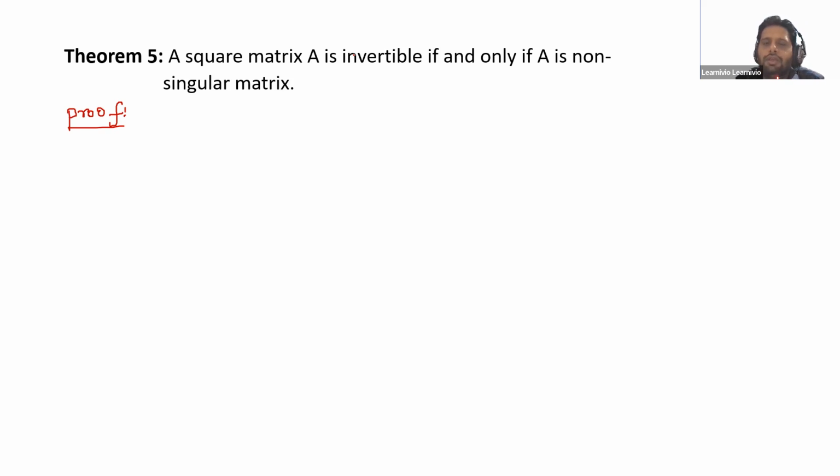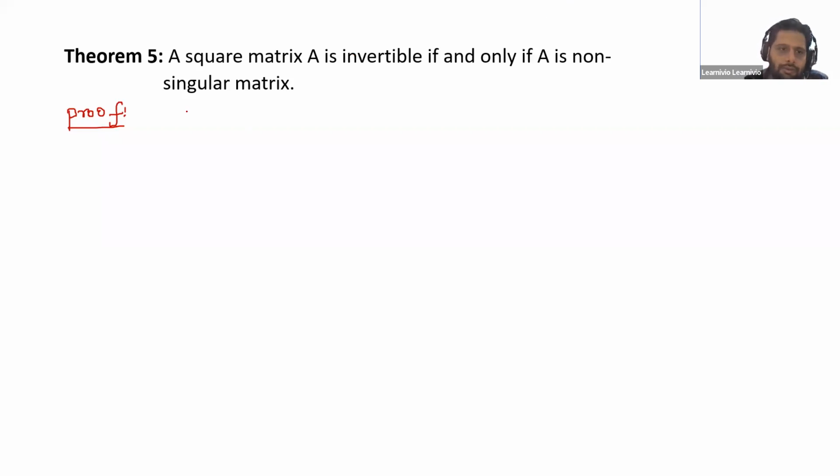So if in your exam, in a 1 mark question, they just ask whether the inverse of this matrix exists or not, then you will find its determinant. If the determinant is not equal to 0, then the inverse exists. If the determinant is equal to 0, then the inverse does not exist. Please remember this property: the inverse of a matrix exists if its determinant is not equal to 0.